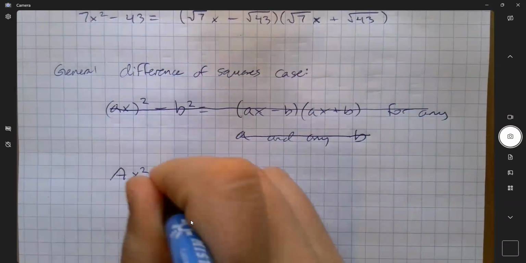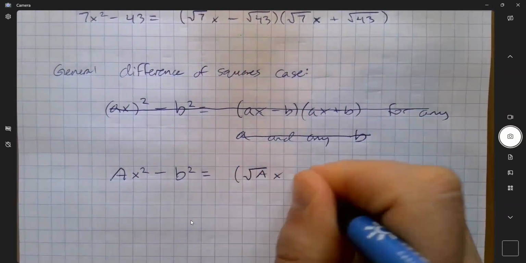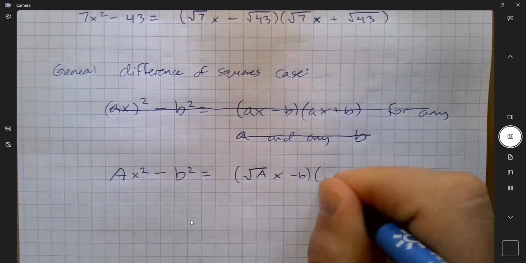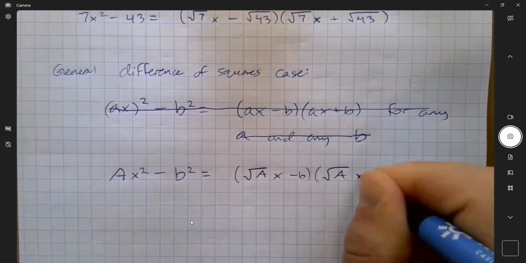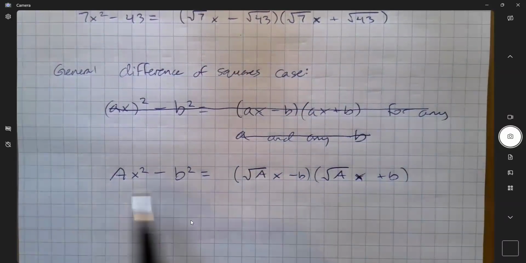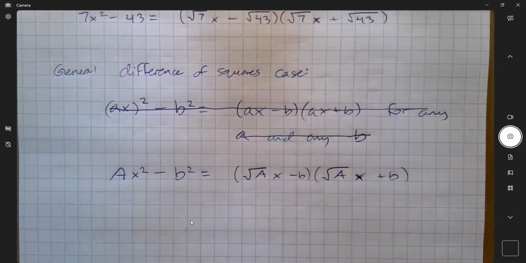A times x squared minus b squared is the square root of a times x minus b, times the square root of a times x plus b. I think that's better. I'm using a capital A because it's a little bit different from the lowercase a I had before.